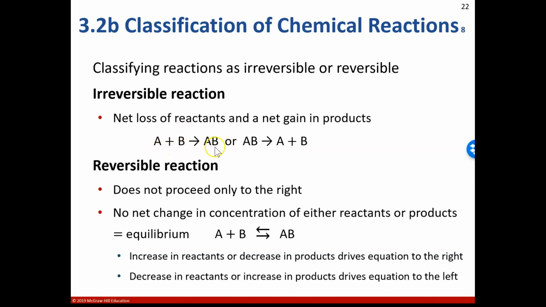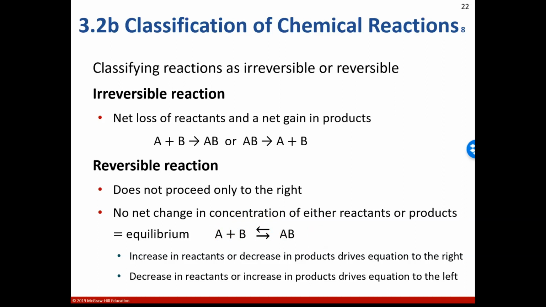So A plus B equals AB, or AB turns into A plus B. And a reversible reaction is not only going to proceed to the right side, but it can always go back to the left side. So there's no net change in concentration of either reactants or products. We are in a state of equilibrium, and that is represented by these double arrows over here.